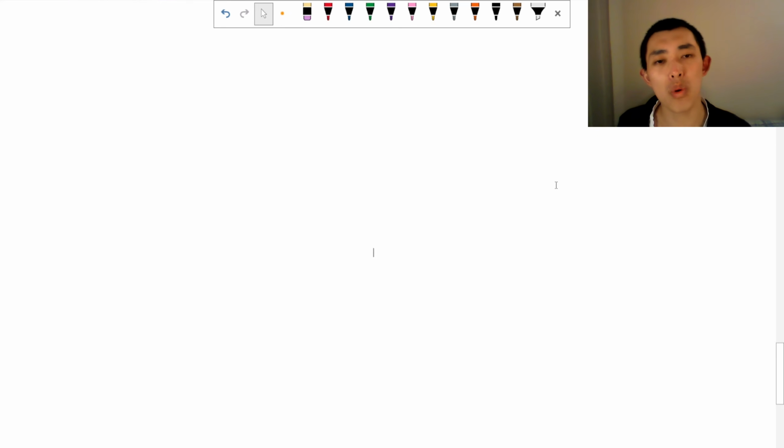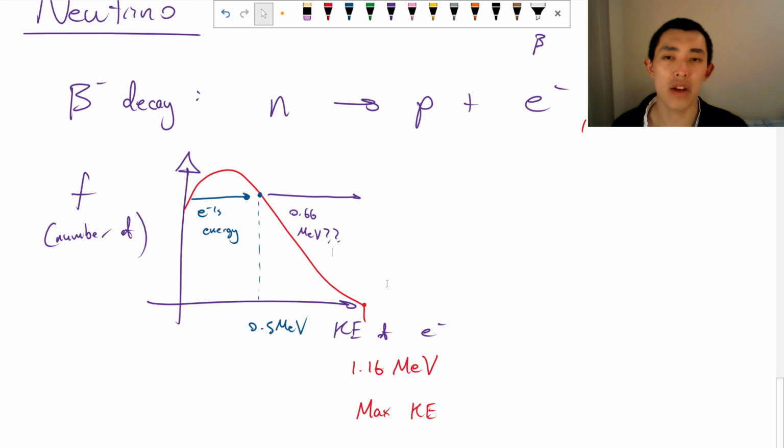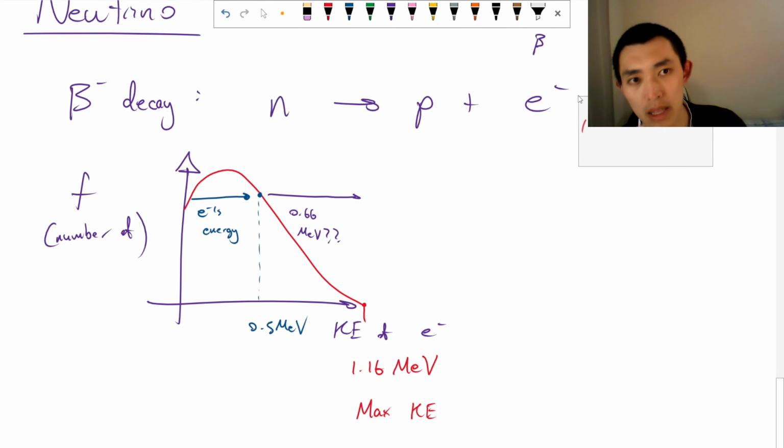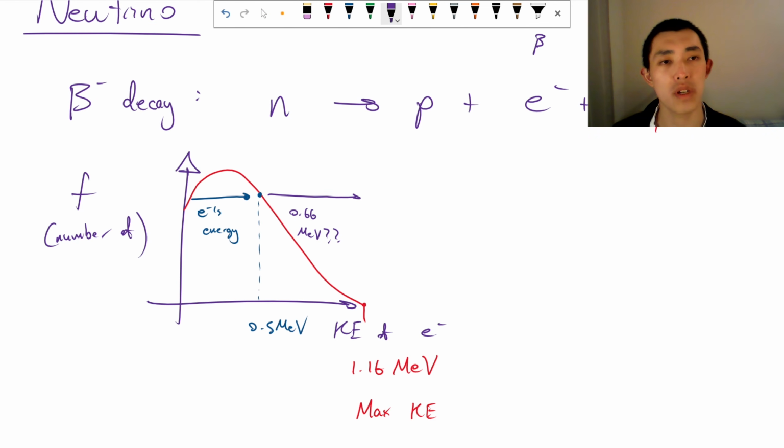And so a man called Wolfgang Pauli said, okay, you know what? The way to solve this must be that there is a neutrino. There is a third particle that is emitted, and this part here, the 0.66 mega electron volts, goes towards our neutrino.